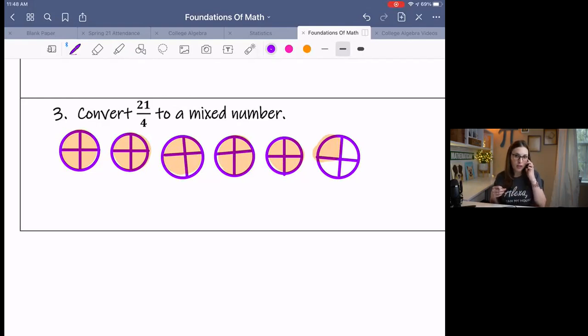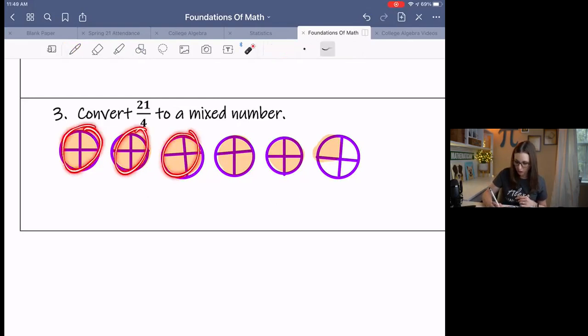Now, if we count the units that are shaded in, there's 1, 2, 3, 4, 5 complete shaded pieces. And then the last piece represents 1/4 that's shaded.